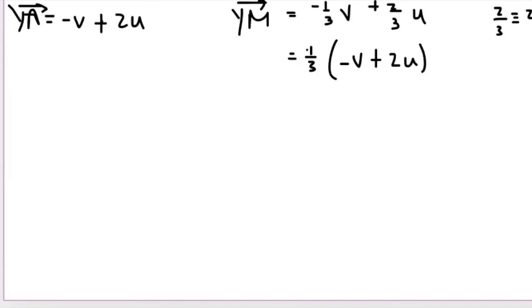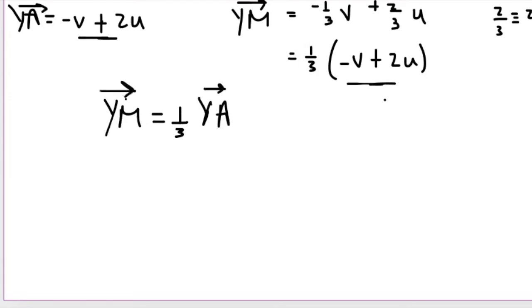So 1/3 times minus v, that's minus 1/3 v. 1/3 times 2, that's 2 over 3, then u. If you look at this right here, you have the same thing. So what this is saying is YM is equal to 1/3 of YA.